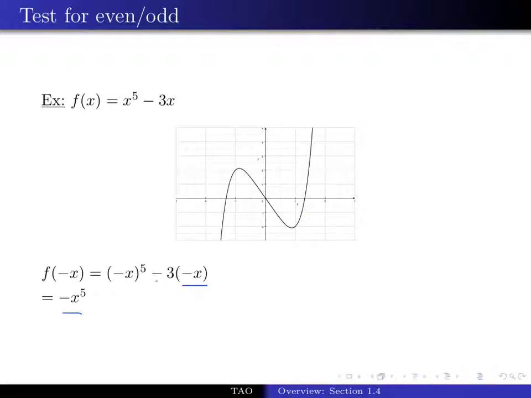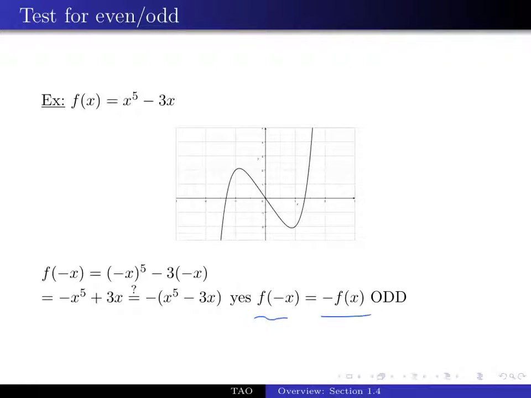And a negative and a negative is a positive, so we get minus x to the fifth plus 3x. Is this thing equal to the negative of our original function? If we multiply this negative in, negative times x to the fifth is negative x to the fifth. Negative times a negative is a positive. And so f of negative x is equal to negative f of x. So that makes this an odd function.